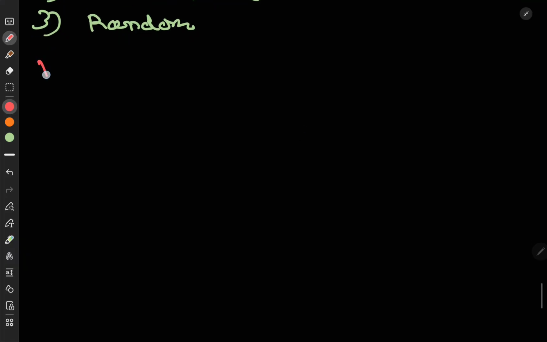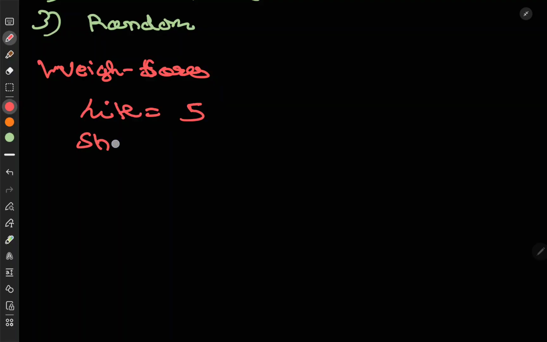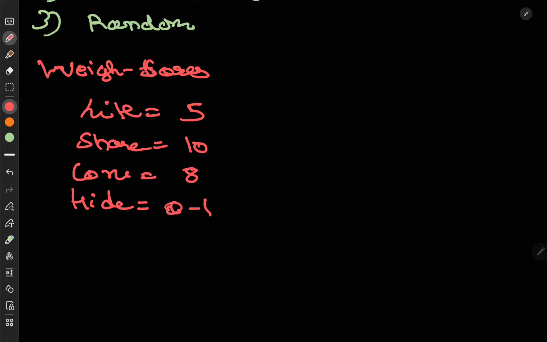For that, we will assign weightage scores. For like there could be a score of, let's say, 5. For share there could be a score of 10. For comment there could be a score of 8. For hide there could be a score of -1.